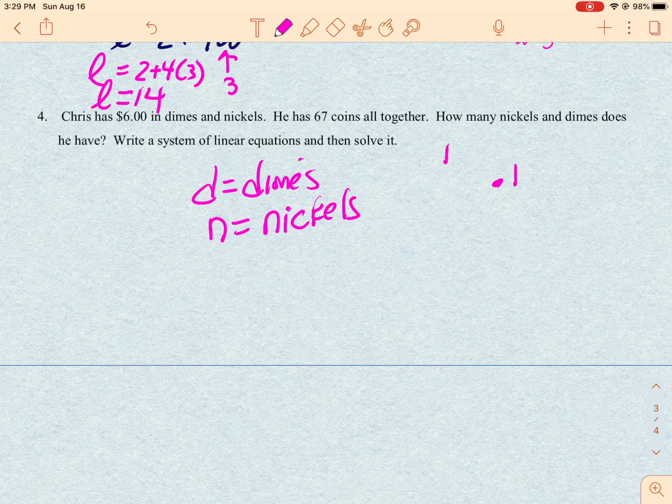So that's 0.1. And then nickels are 5 cents, so that's 0.05. So that's just a little hint. I want you to solve it right now. Pause, because I'm going to give the solution in a second.